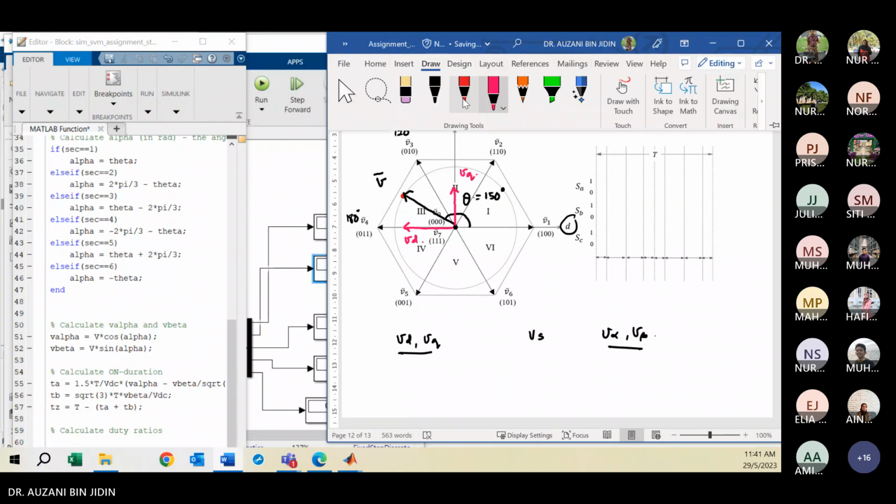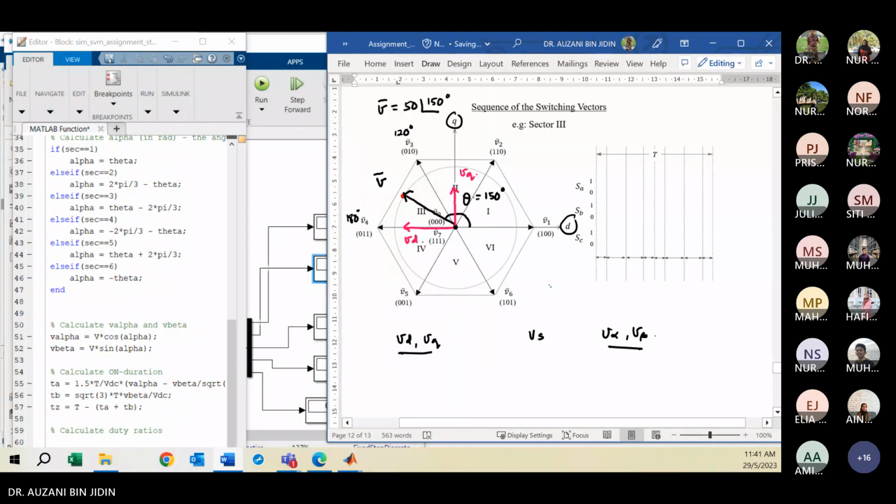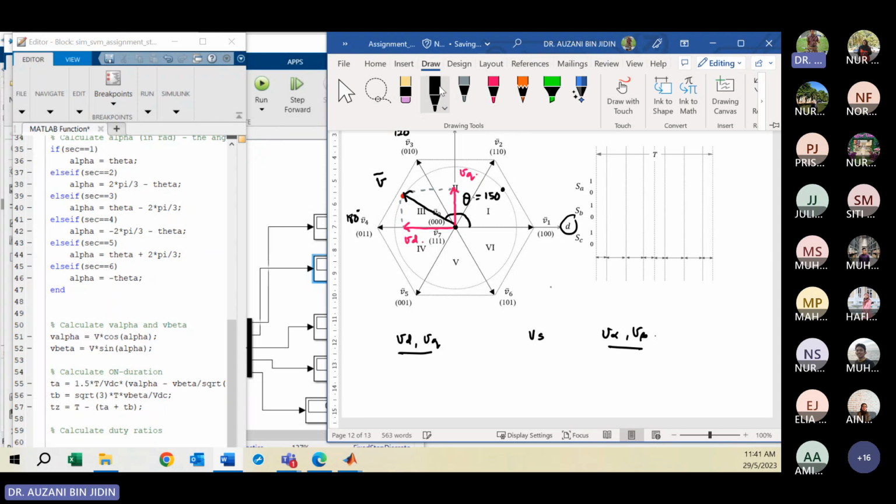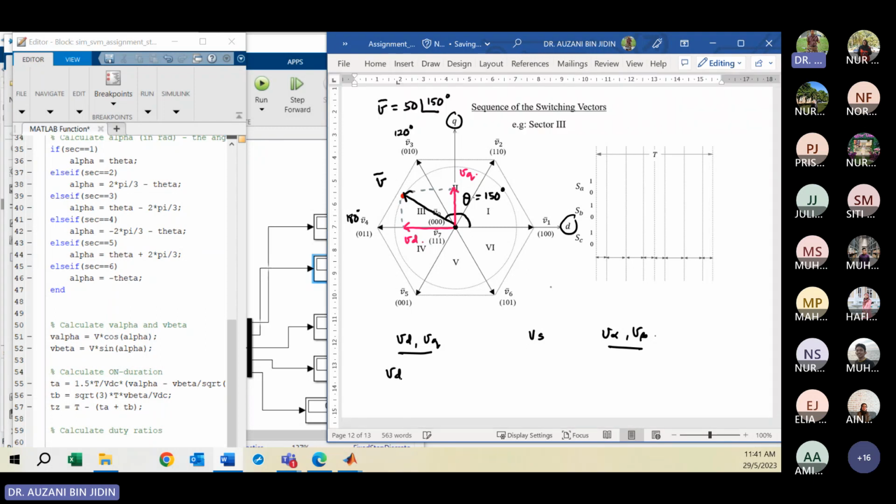We can put the line here. Then from here you can calculate your VD. The magnitude is 50, so you must use the cosine function. Where is the angle? Here you can calculate the angle as 180 degrees minus 150 degrees, right? You calculate this angle.